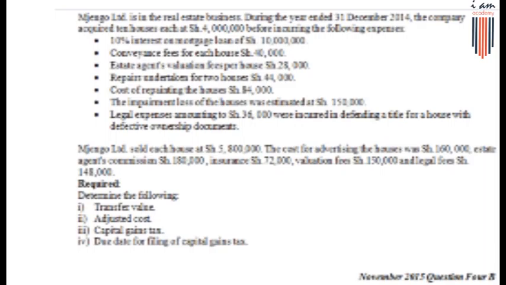The impairment loss of the houses was estimated at shillings 150,000.